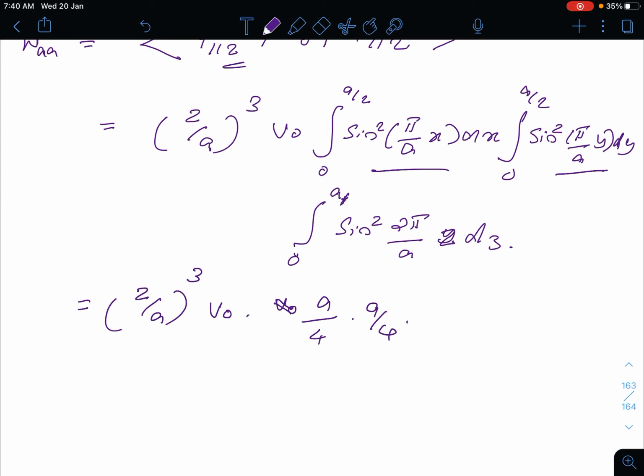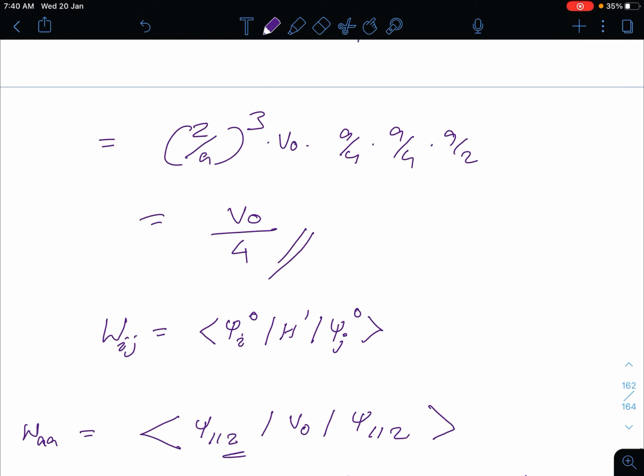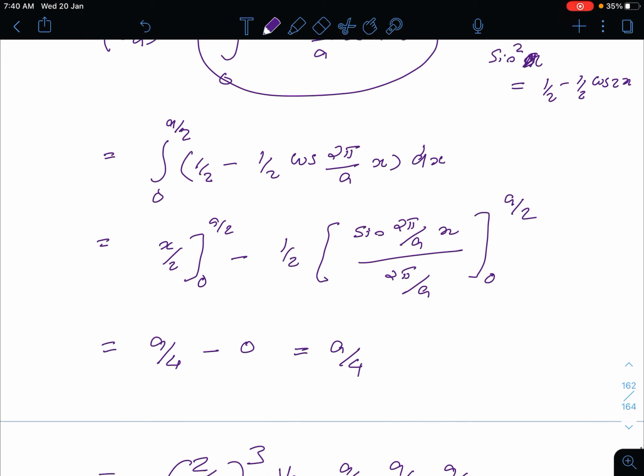What would be this? That means sine square 2 pi by a z dz on integration. I think we can do that very simply, because again the same logic.